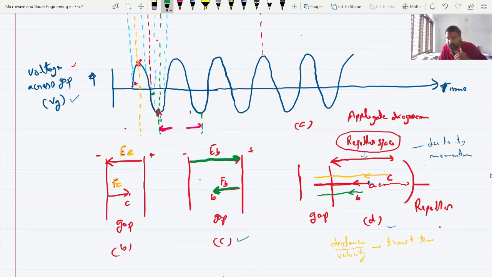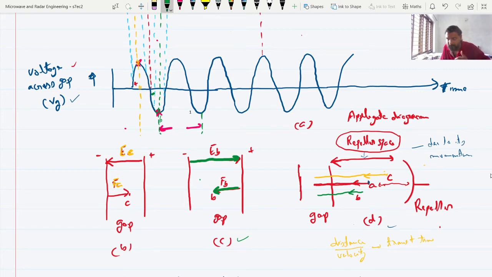The depth of penetration will be less, as shown in figure D. Because of that, the distance travelled and the velocity of electron B are both less than that of electron A and C, and distance by velocity is nothing but transit time.